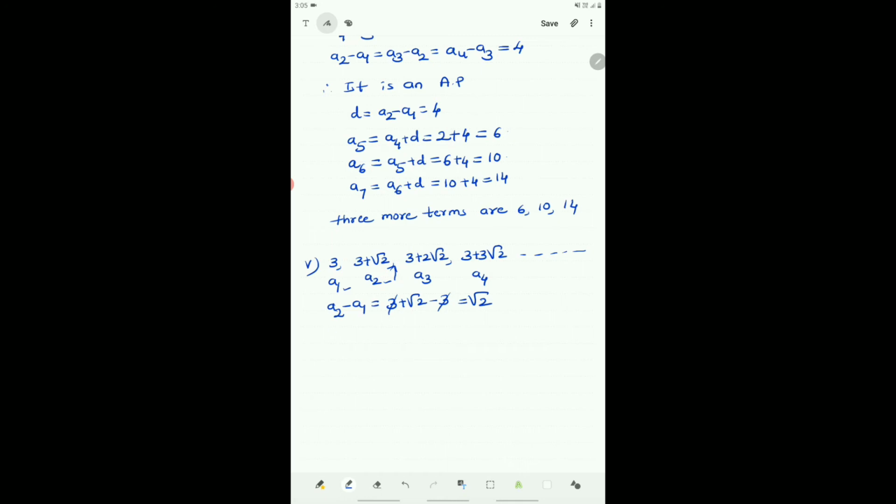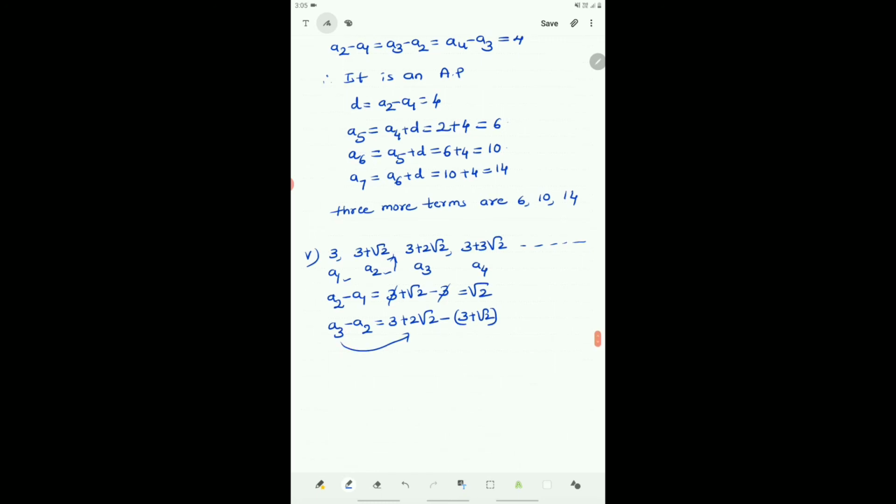Next, A3 minus A2 is equal to A3, that is 3 plus 2 root 2, minus, here there are two terms, so you write it in the bracket, 3 plus root 2. So this is A3, this is A2.